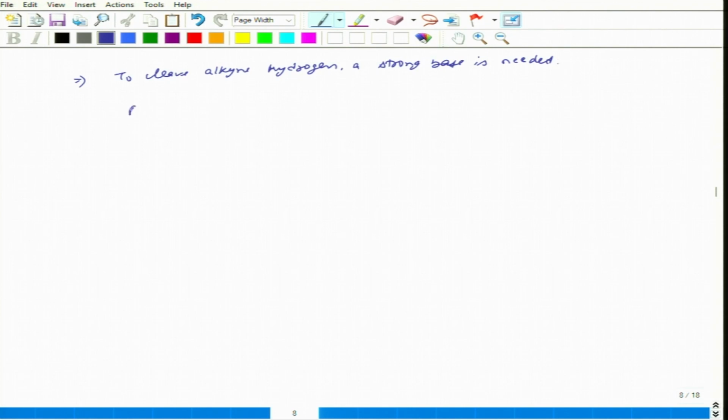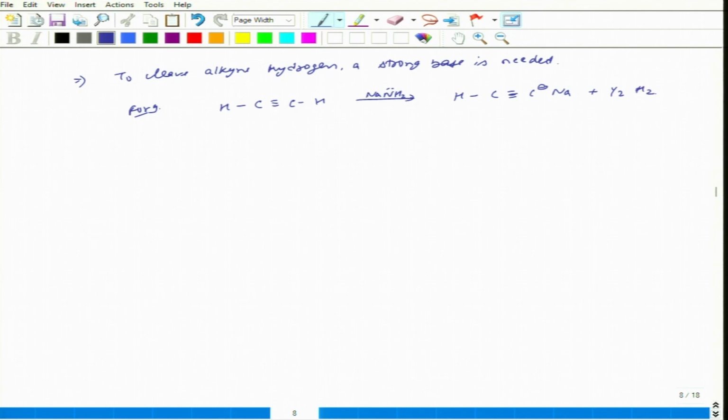For example, if I react acetylene with sodamide, a strong base we have used in the synthesis of alkynes, it will form a salt and release hydrogen gas. Stoichiometrically balancing it, it will be half of the equivalent. So sodamide is a strong base, it can cleave off the hydrogen, and now we know why alkynes behave acidic in nature.